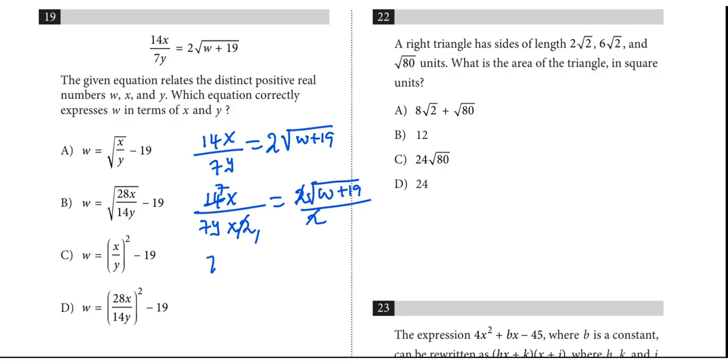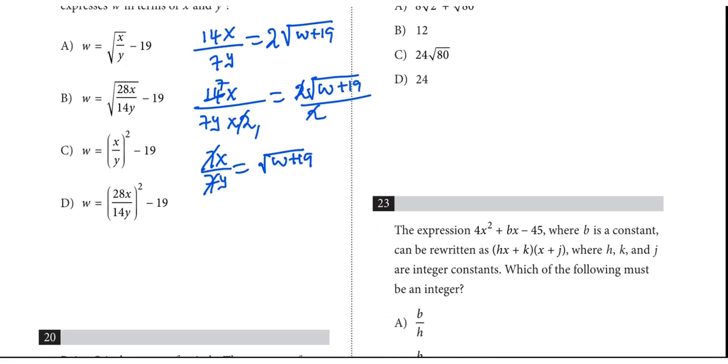So we now have 7x over, so we can as well cancel 7, okay, 7x over 7y is equal to root w plus 19. So now 7 can also cancel 7 from here, and we now have x over y is equal to the square root of w plus 19.